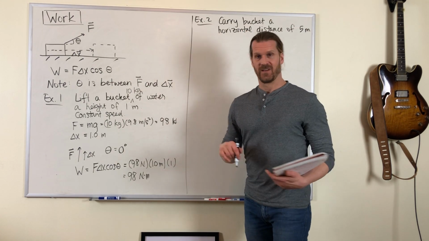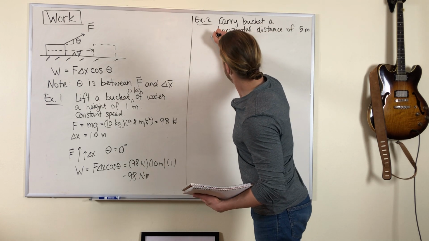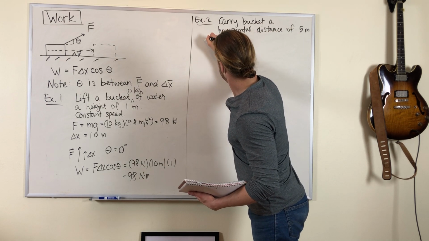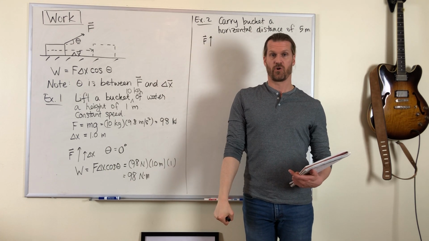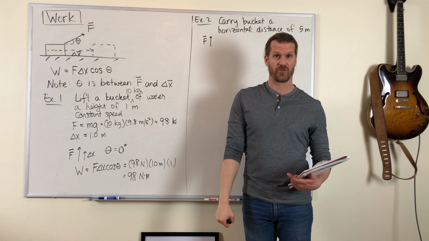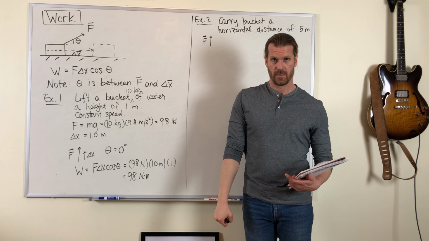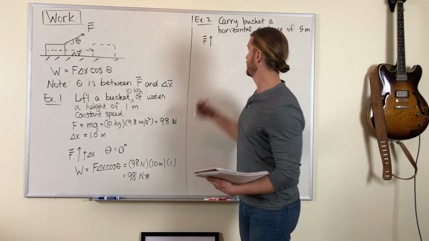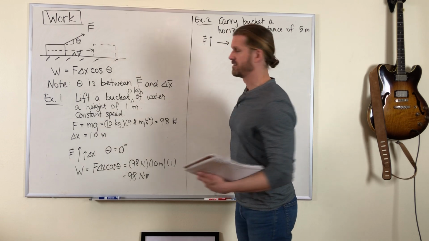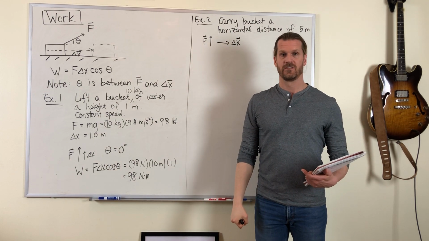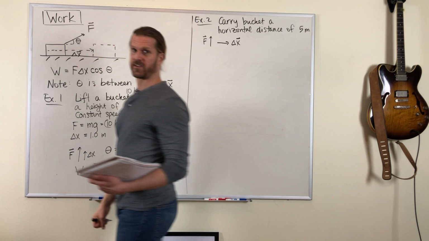This time, we're still applying an upward force to hold that bucket up and counteract gravity. But the displacement vector is horizontal, because the bucket is moving horizontally as we walk.